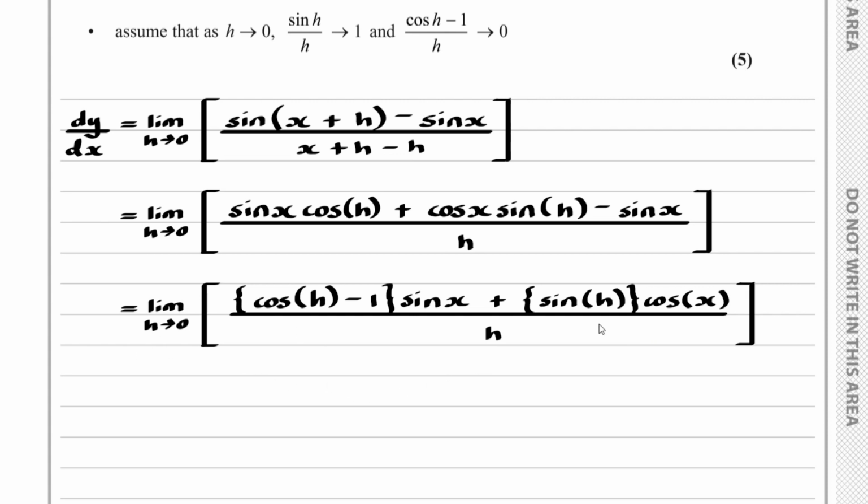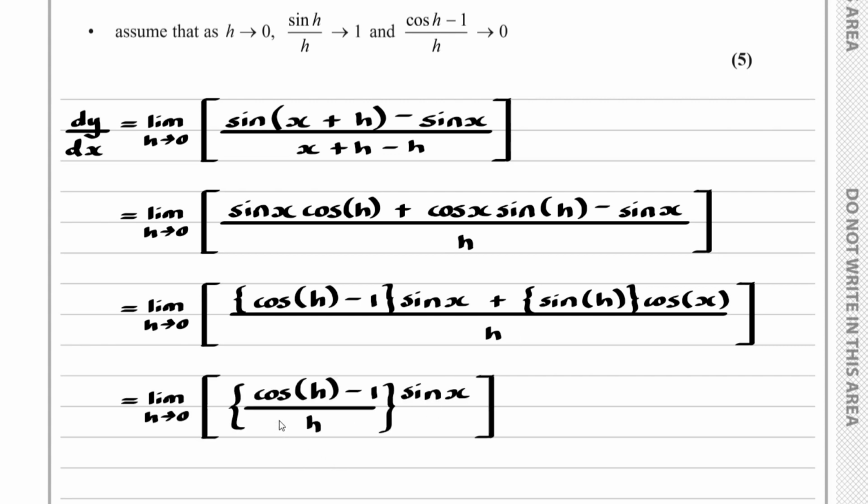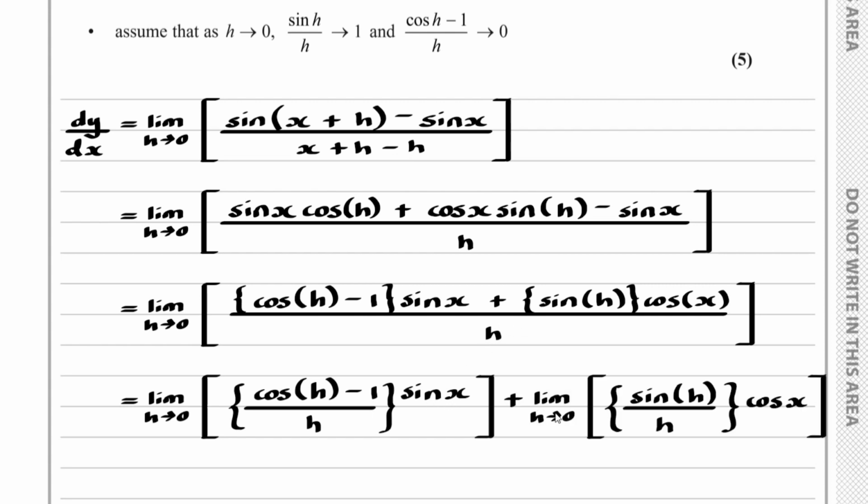So let's simplify this even further. What I have is the limit as h tends towards 0 of cos h subtract 1 over h multiplied by sin x, and then I add on to this the limit as h tends towards 0 of sin h over h multiplied by cos x.